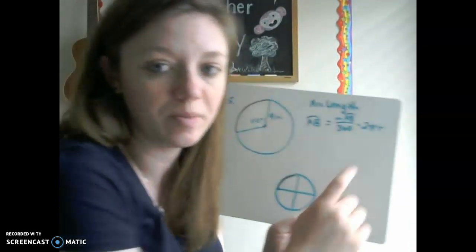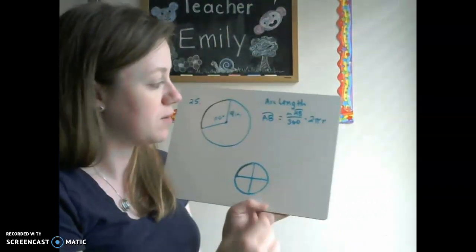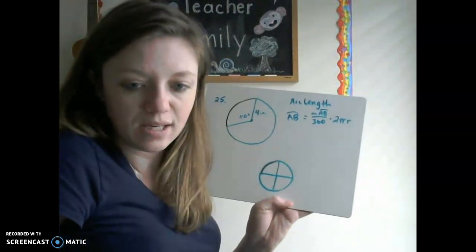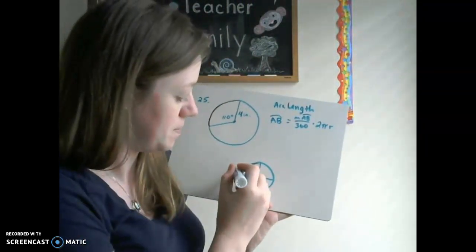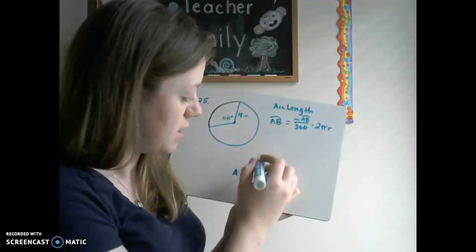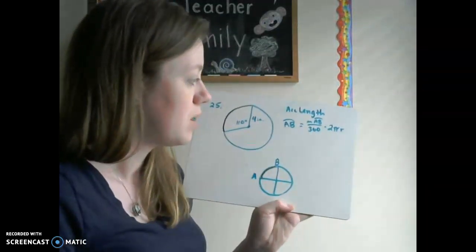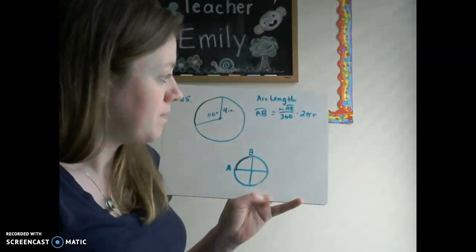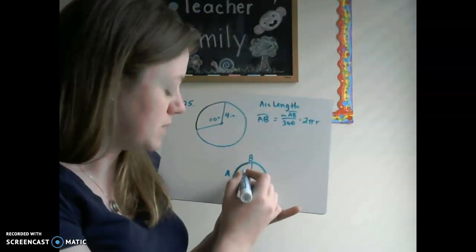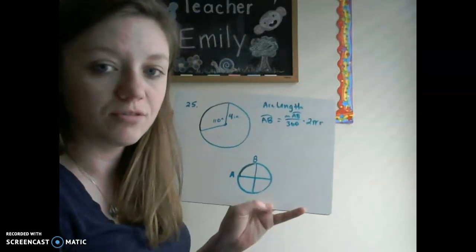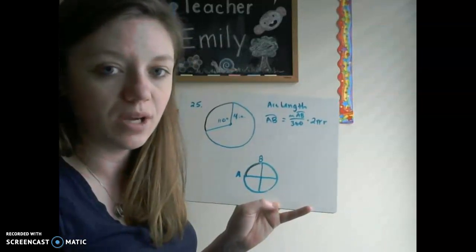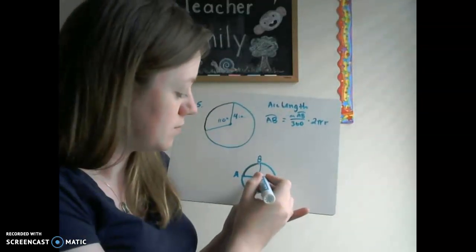Let's apply this to this one here. So let's say this is arc AB. Okay? So the length of AB is the measure of AB. Well, we know this is exactly 1/4 of the 360 degree circle.